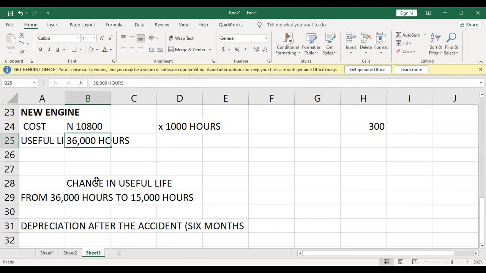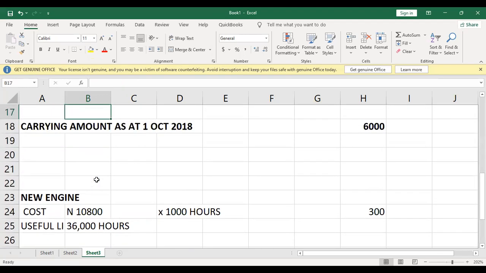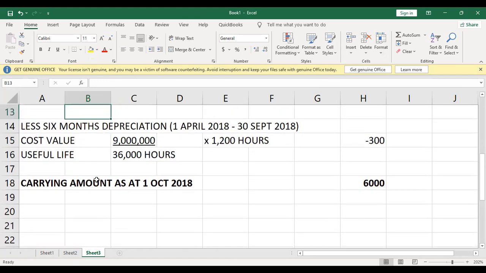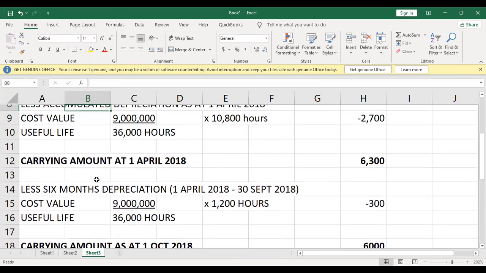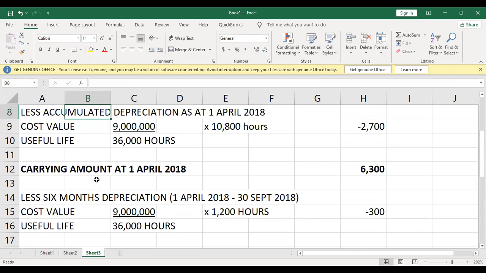300,000. Yes. The damaged one, we were able to repair it, but the useful life is no longer 36,000, but now 15,000 hours. Remember that the carrying value of the engine as at 1st October, before the accident, was 6 million. We cannot use 9 million again because we already removed all the depreciation for the period it has been used.